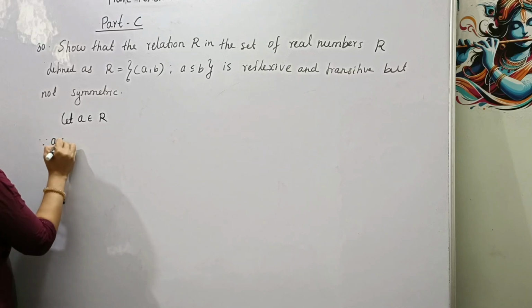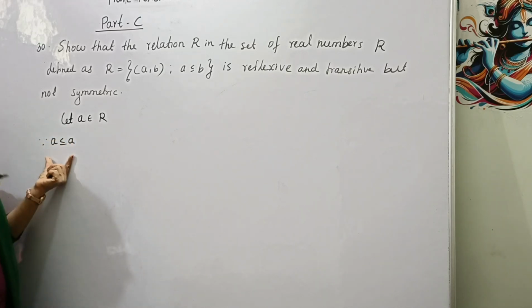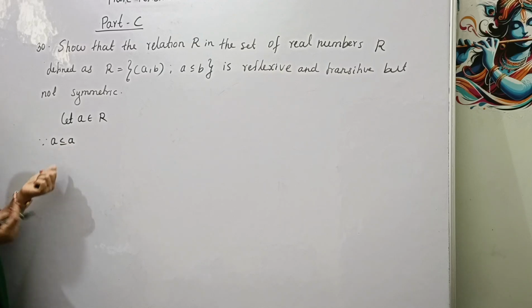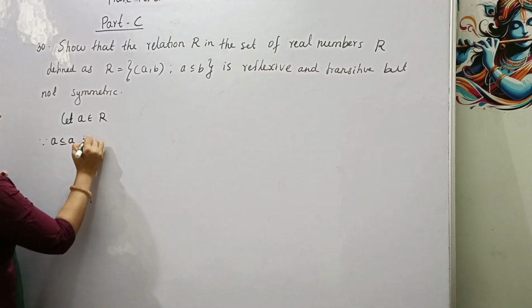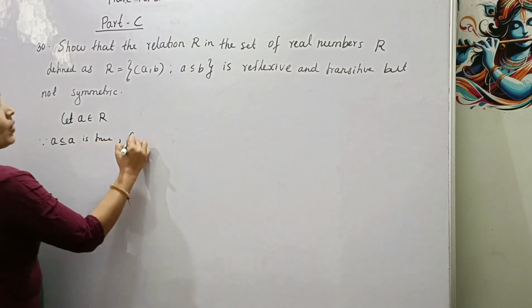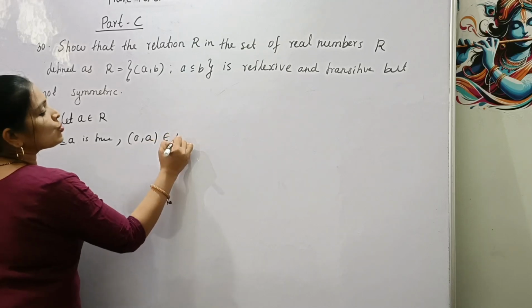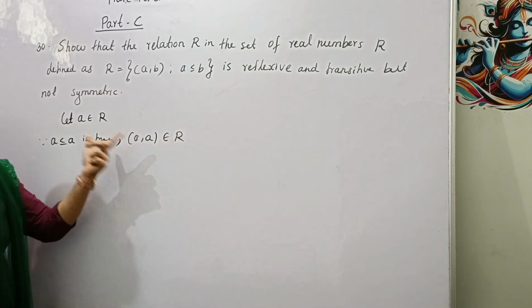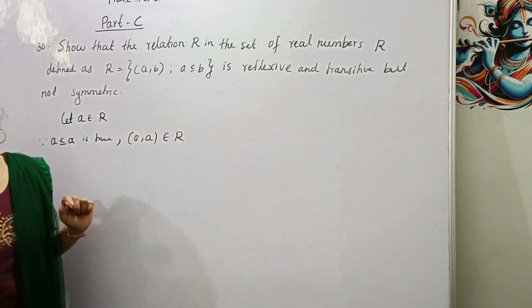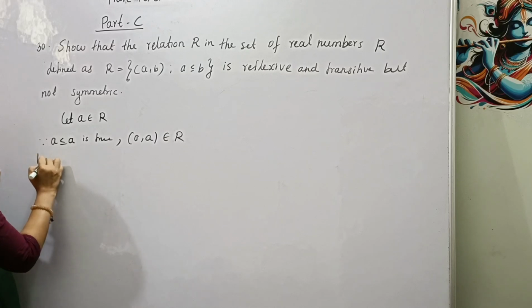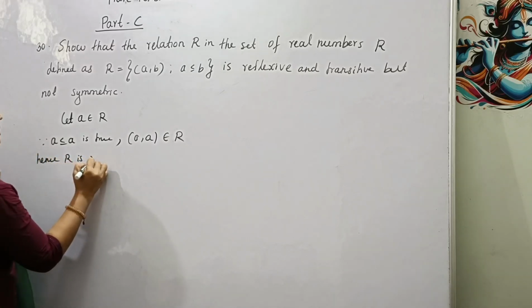Since a is less than or equal to a is correct, because equal to is there, a less than or equal to a is true. Ordered pair (a, a) belongs to R. Hence R is reflexive.